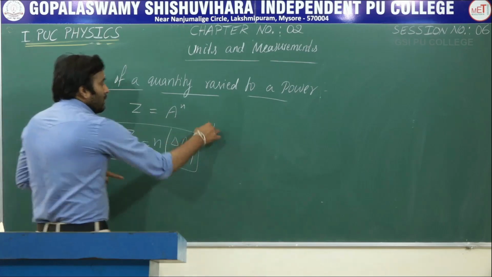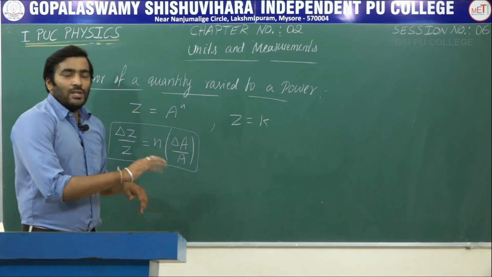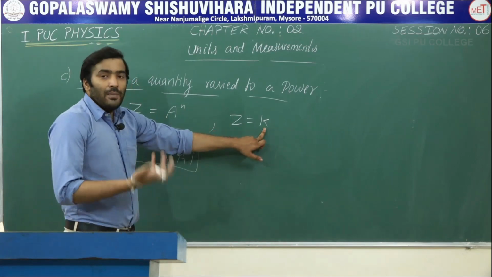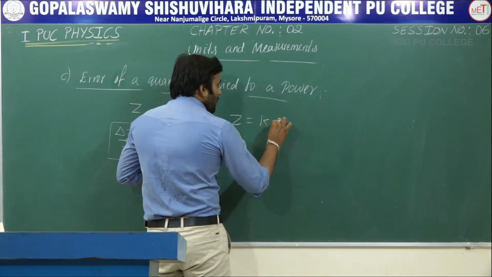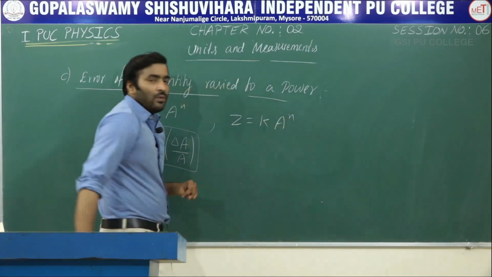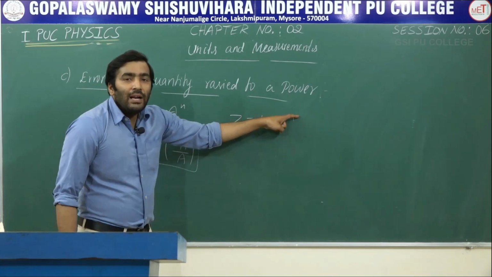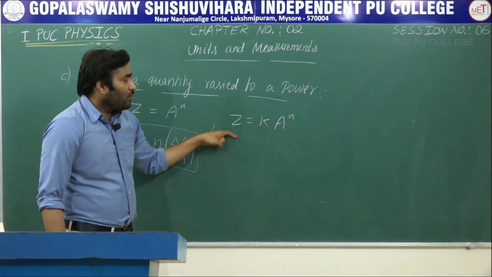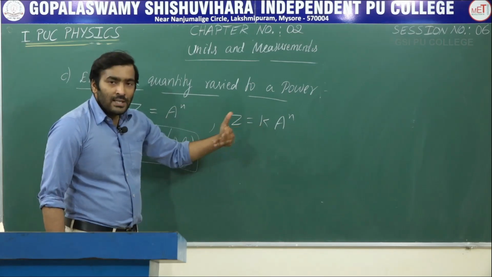And suppose if you have z is equal to some constant, it may be a numerical constant or anything. So z is equal to k into a power n. If z is equal to k into a power n, while writing the relative error of z, you need not consider this constant. So constant is omitted.